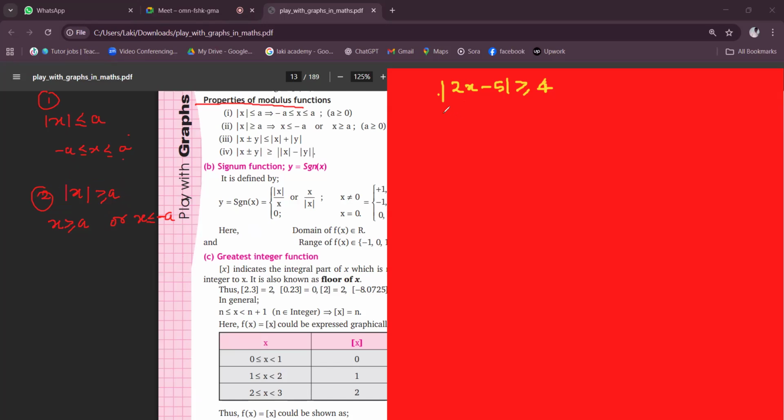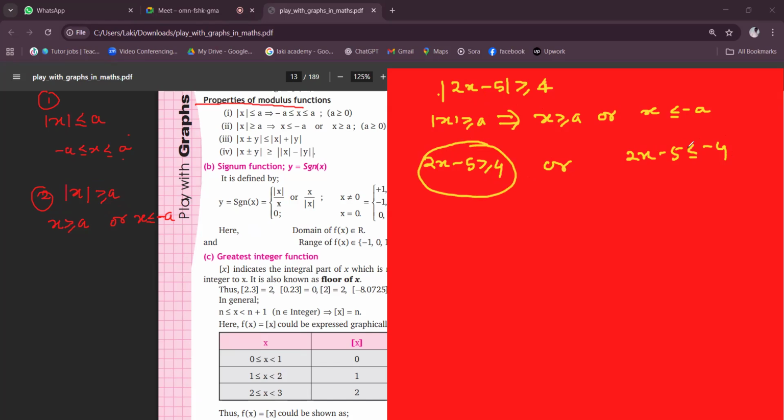So whenever mod x is greater than or equal to a, you can conclude that x is greater than or equal to a or x is less than or equal to minus a. So you can write 2x minus 5 is greater than or equal to 4 or 2x minus 5 is less than or equal to minus 4. First I solve this part, then this part.